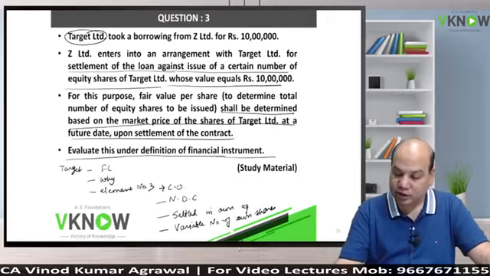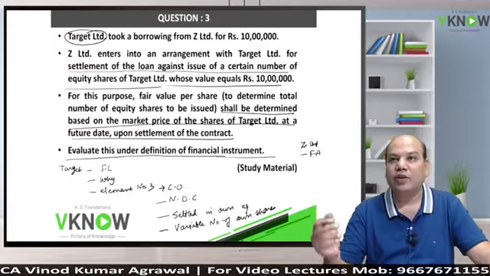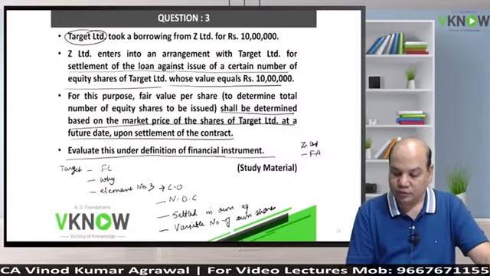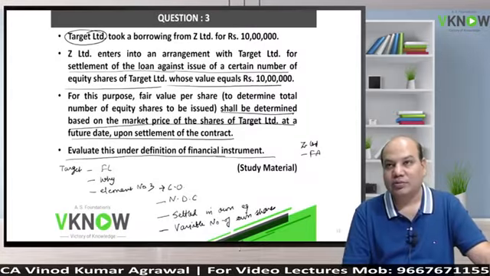And what about Z Limited? For Z Limited, it is a financial asset. We will see the definition of financial asset: contractual right to receive cash or another financial asset. So therefore, the equity share issued by Target Limited becomes a financial asset for Z Limited.